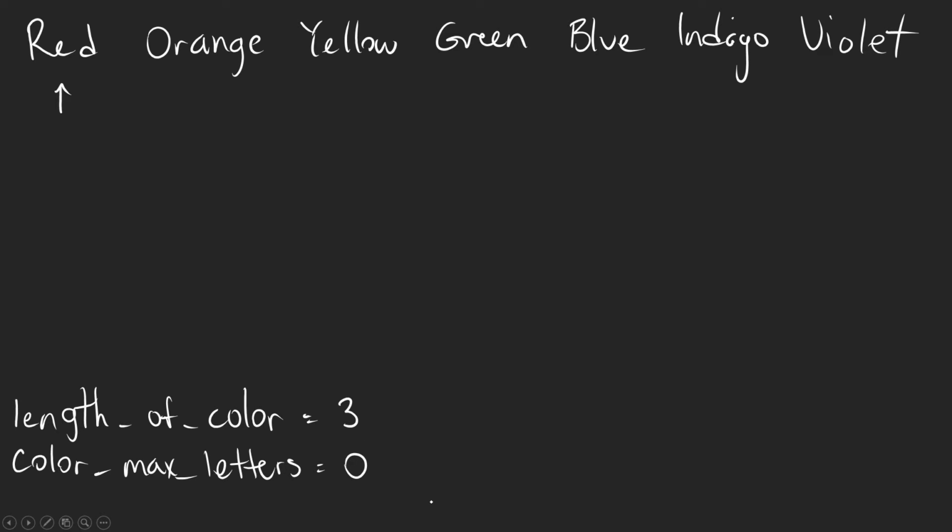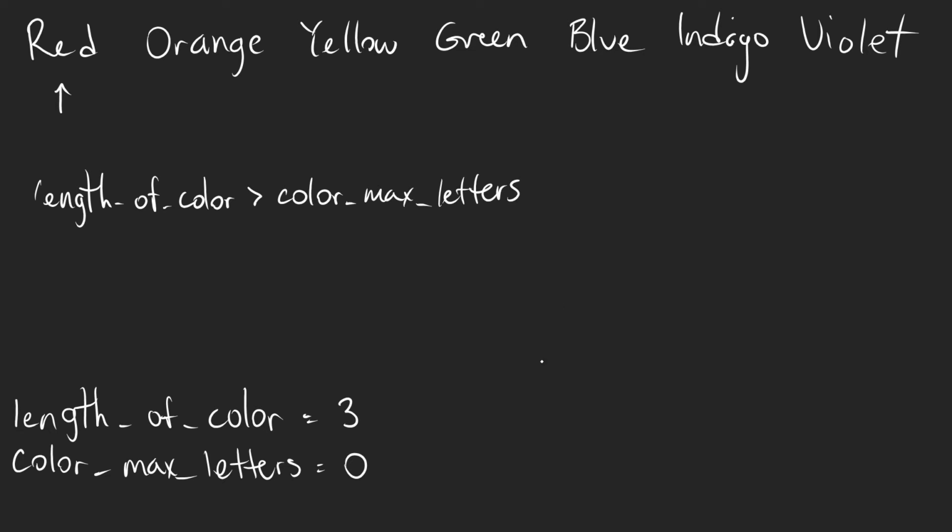And so what we're doing is saying, okay, is the length of color greater than the color max letters? We're doing a comparison. Currently, the length of color is 3, and the color max letters is 0. 3 greater than 0, that should return true.